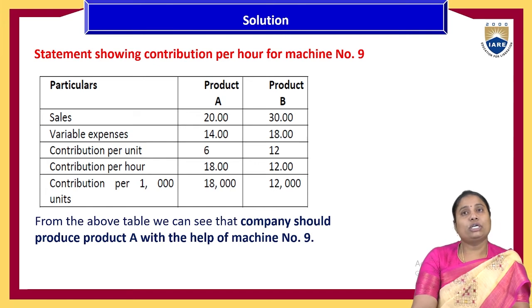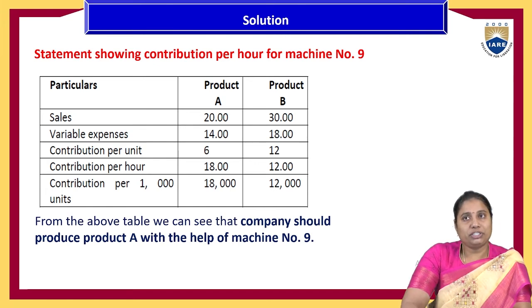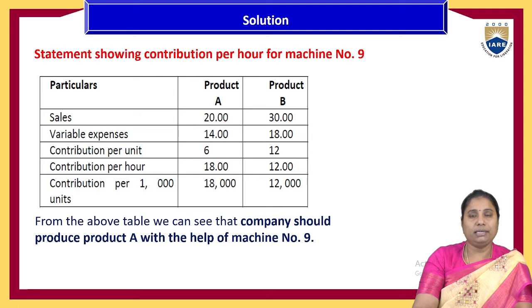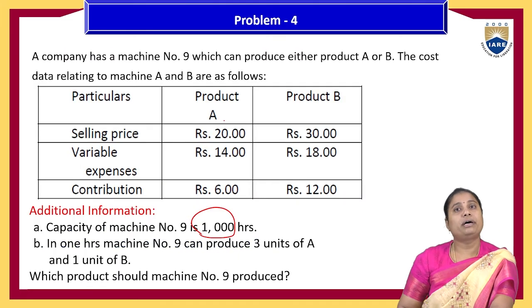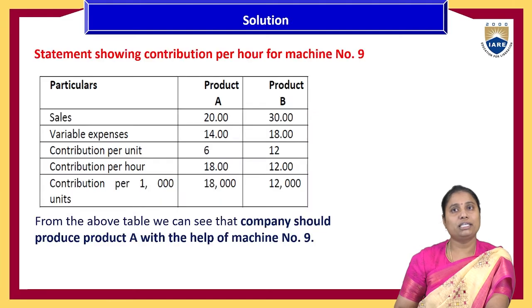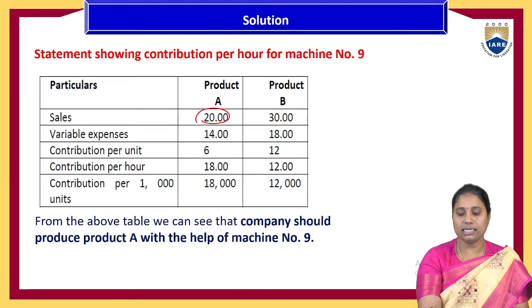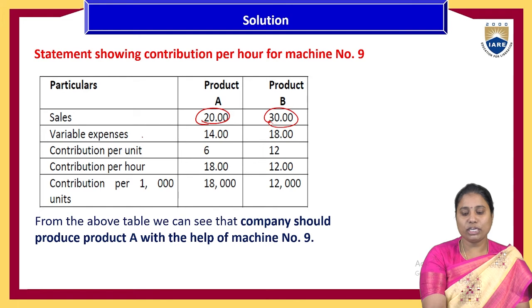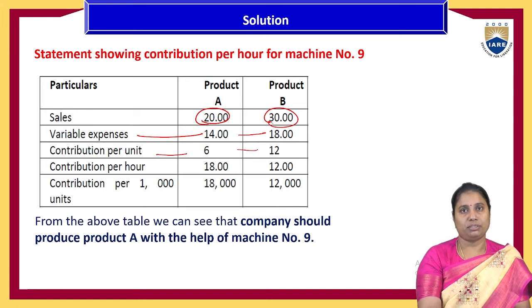So the statement showing the contribution per hour for machine 9. For product A it is 20 rupees per unit, and for product B 30 rupees. If we deduct the given variable expenditures of 14 rupees and 18 rupees respectively for A and B, we get the contribution of 6 rupees and 12 rupees.